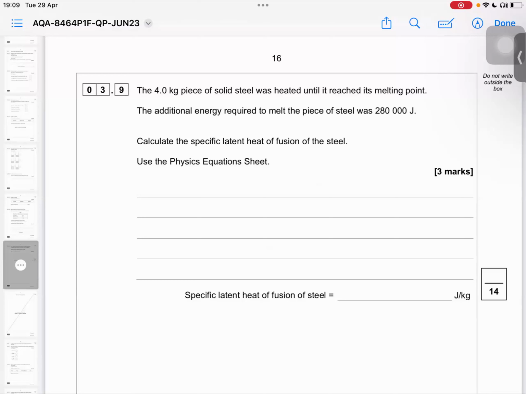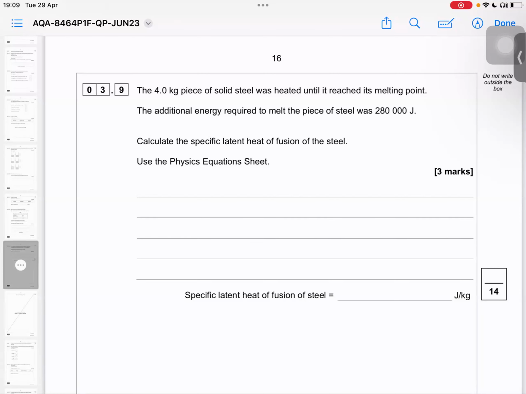Okay. It goes on to say the 4.0 kilogram piece of solid steel was heated until it reached its melting point. Of course, steel can melt. What else does it say? The additional energy required to melt the piece of steel was, wow, that's a whole lot, 280,000 joules.